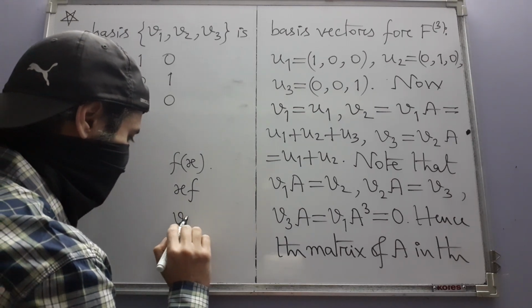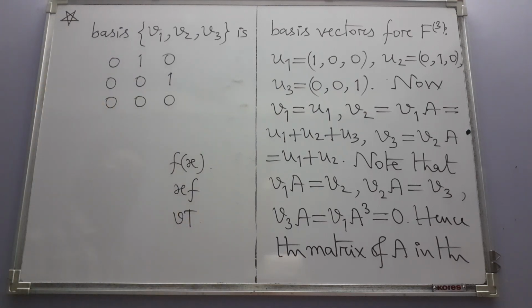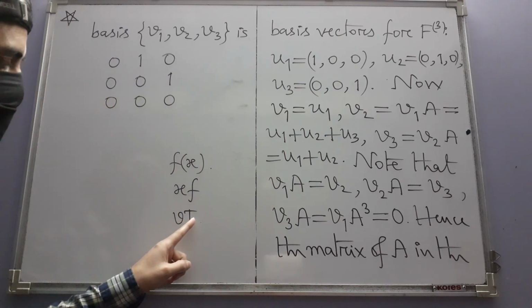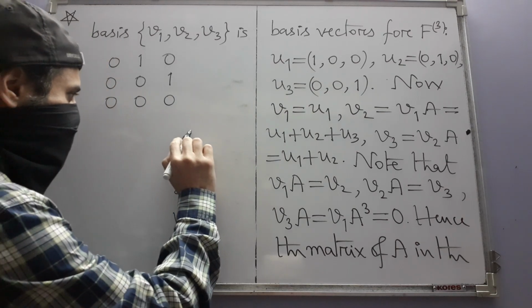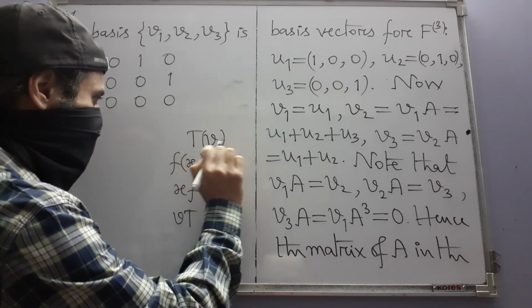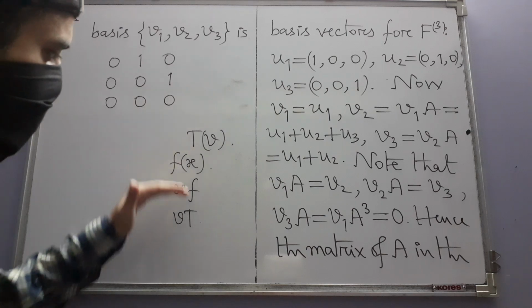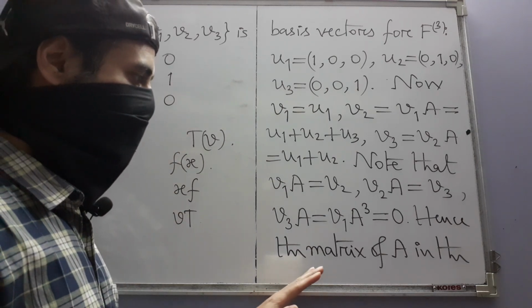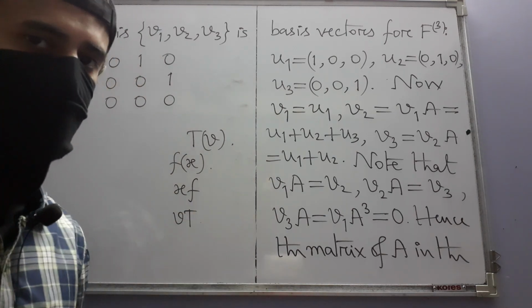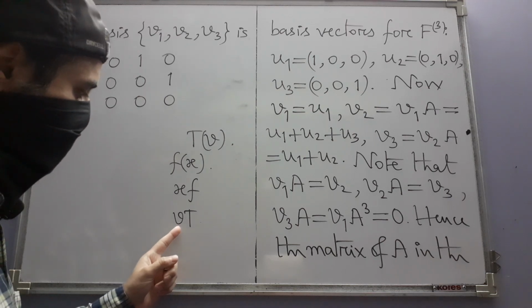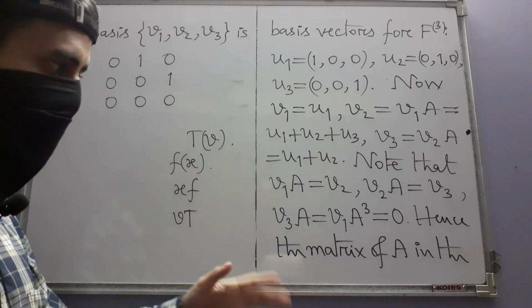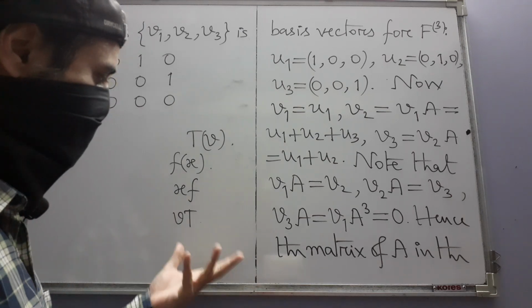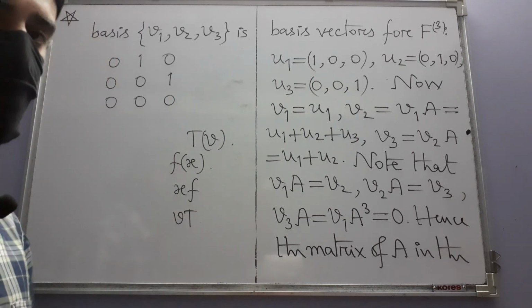So, we write the image of the vector V under the linear operator T as Vt instead of T of V. Now, the notational convention has an effect when you write the matrix. If you are following this convention, what do you normally do to write the matrix of a linear operator in some basis?